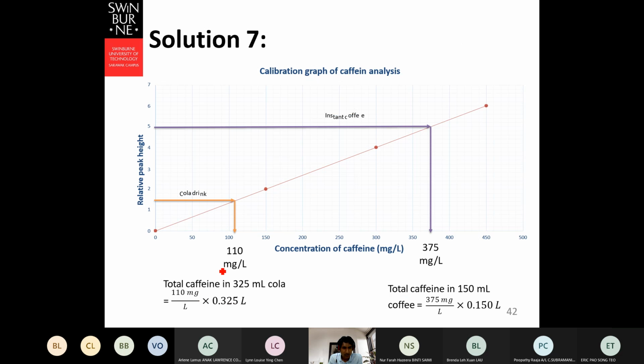If we analyze, we see for an instant coffee drink, we have some caffeine here. And for the 110 milliliter of the cola drink, how much is it?